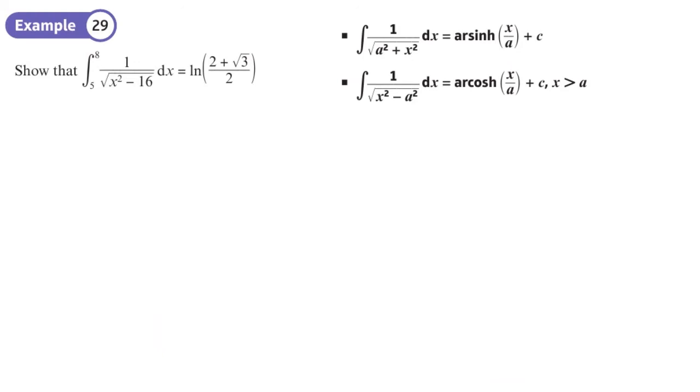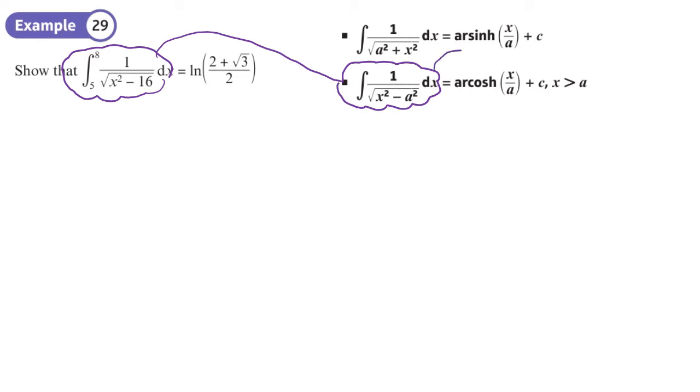Okay, this one's much more straightforward because we can simply compare this to what's given in the formula book and straight away write down the result of the integration, arc cosh x over a. So all we need to do is work out what a is.